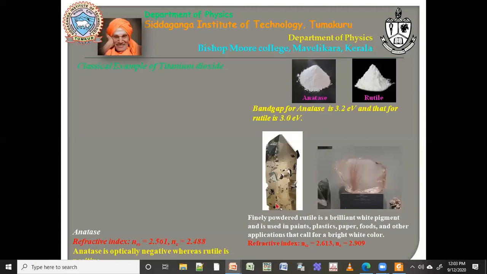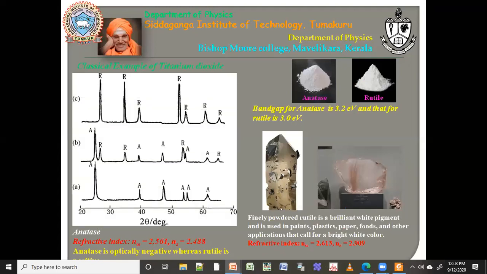Even the refractive index is 2.613 and 2.901 for rutile and for anatase it is very close. But interestingly, anatase is optically negative, but rutile is optically positive. That means there is a big difference in optical properties. So the easiest method to distinguish them is by using X-ray diffraction.